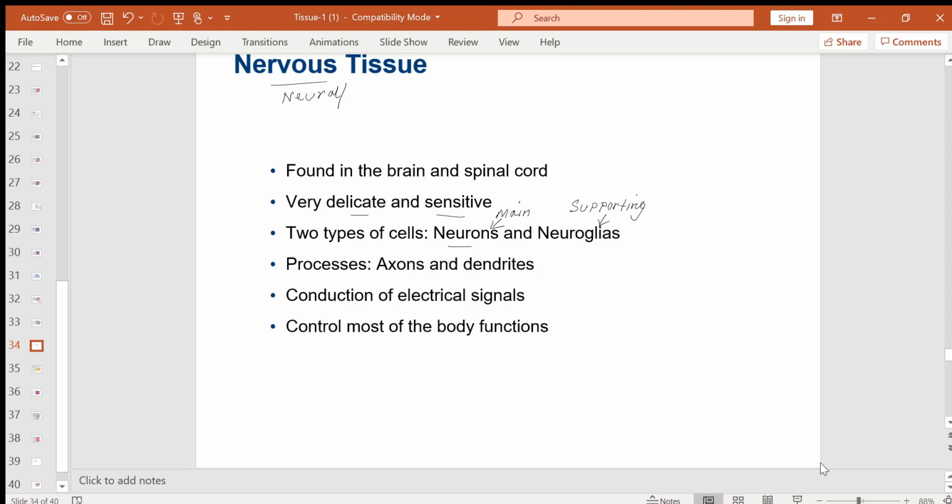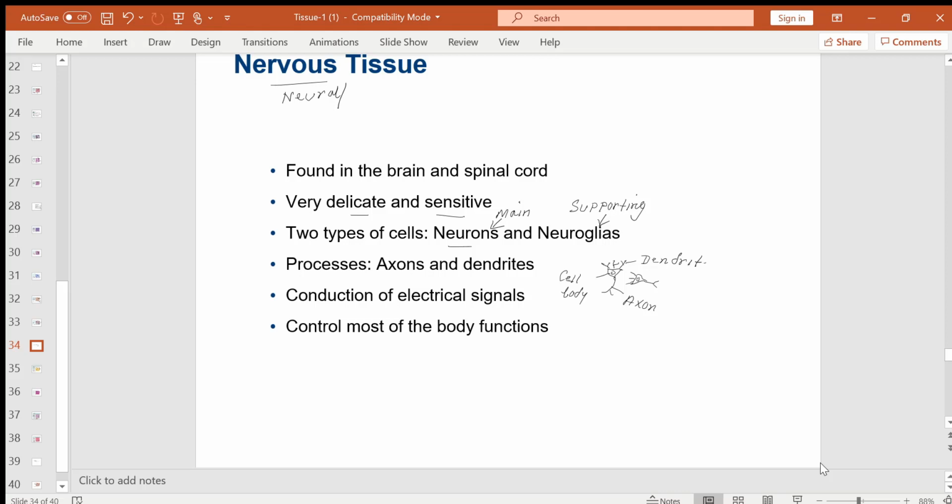And if you see the neural tissue, you will see the neurons. So these are the neurons, and neurons have processes. This is the cell body of the neuron, and this long process is called the axon, and these short processes are called dendrites.